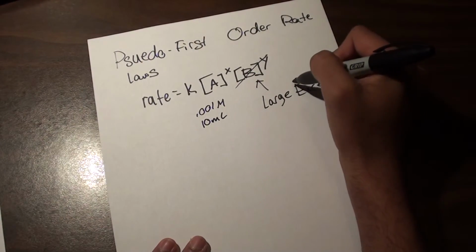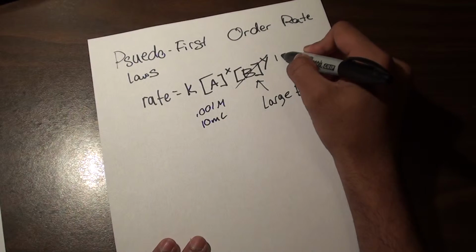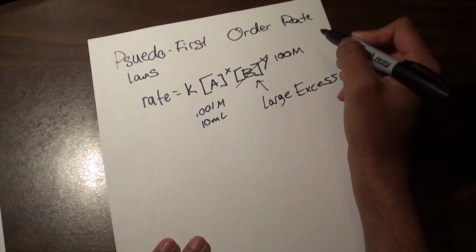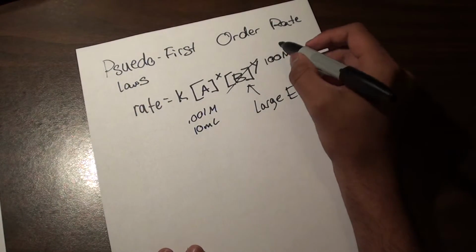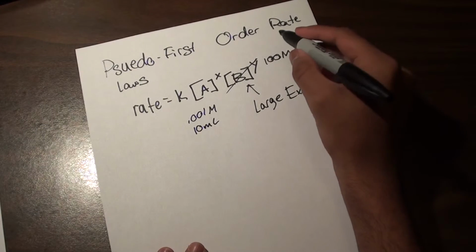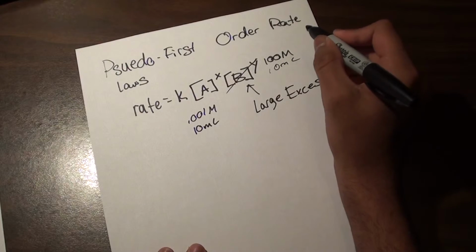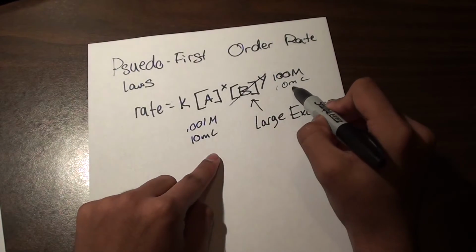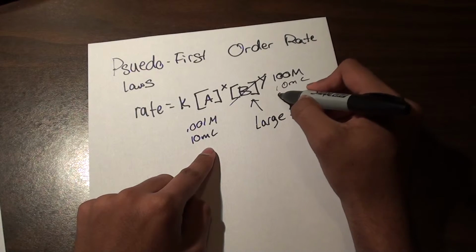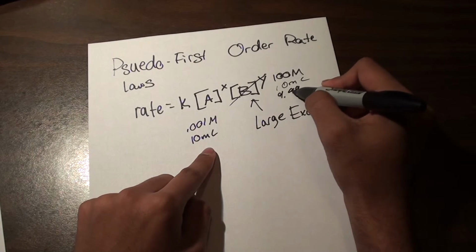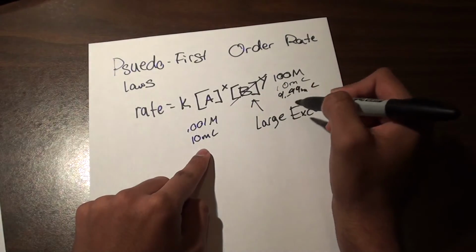Then your concentration of B is 100 molar, which is unrealistic for most things, but just for the sake of this, we'll say it's 100 molar, and you have 10 milliliters of that. Obviously this is in huge excess, and it's going to use very, very little. So you're probably going to have like 9.99 something milliliters of this left, while all of A reacts away.